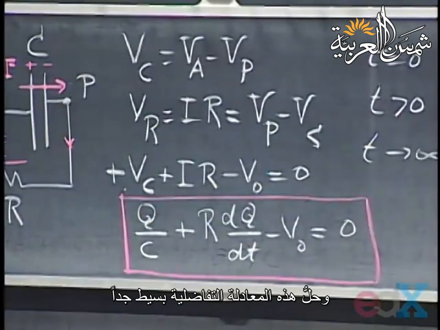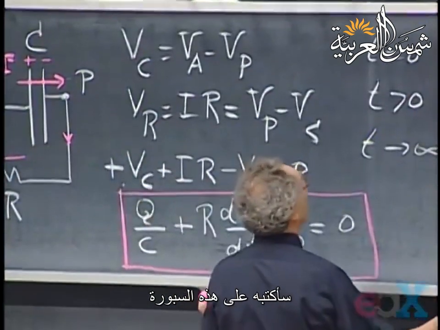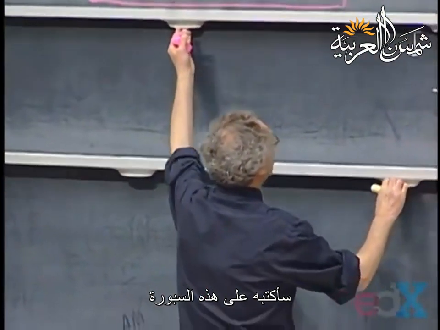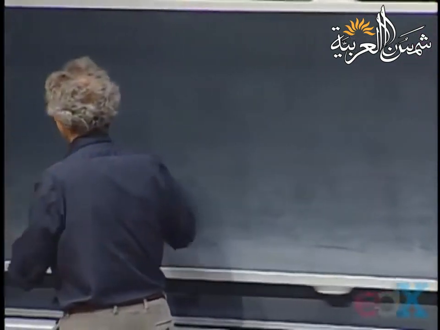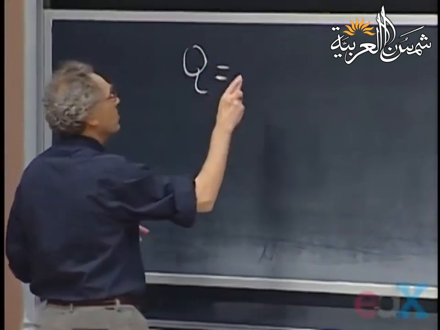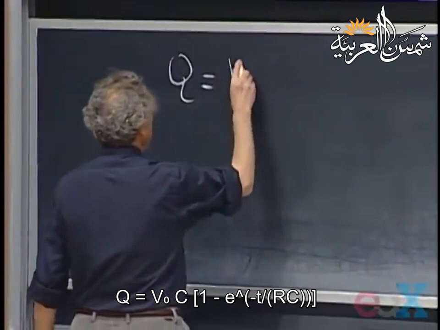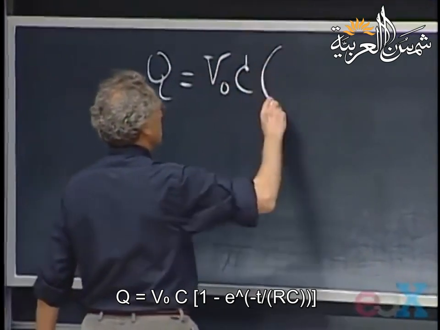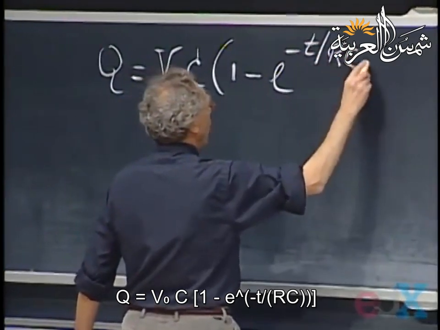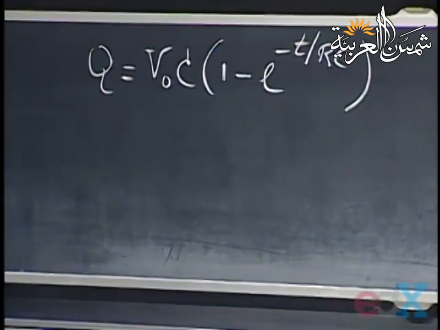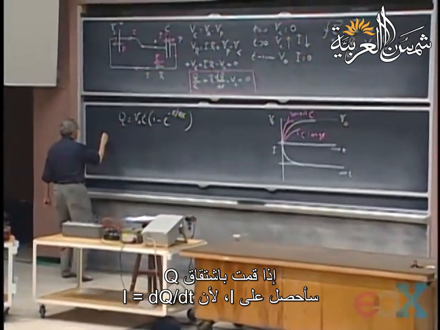And the solution to this differential equation is actually quite simple. I will put it on this board. Q as a function of time is V0 C times 1 minus e to the minus t over RC. If I take the derivative of this Q, then I have I, because I is dQ/dt.